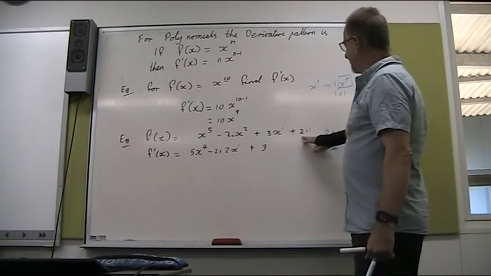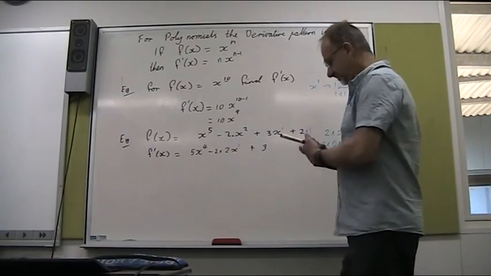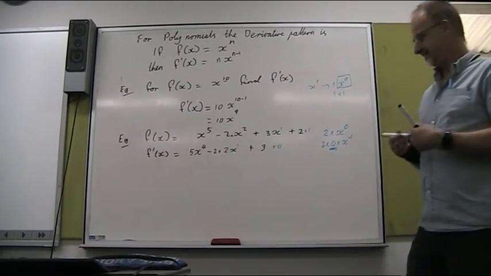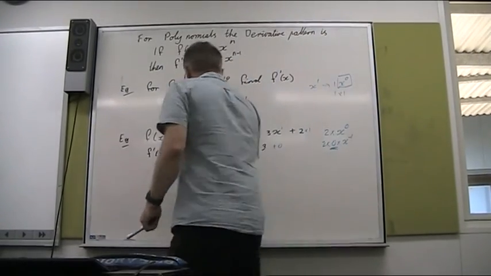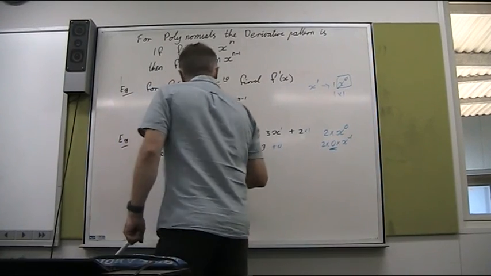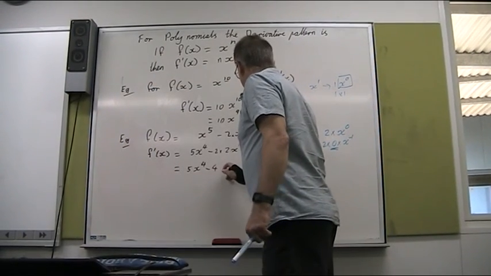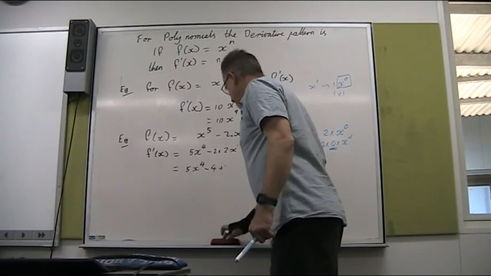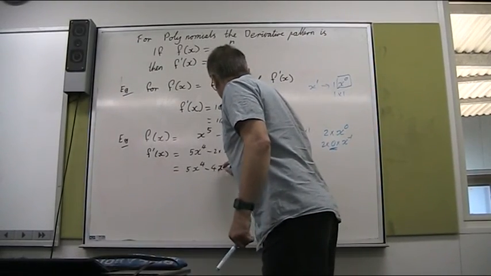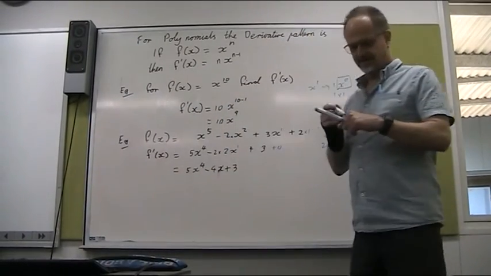So any number would be plus 0 on the end. Alright, minus 4, whoops, minus 4x, plus 3.